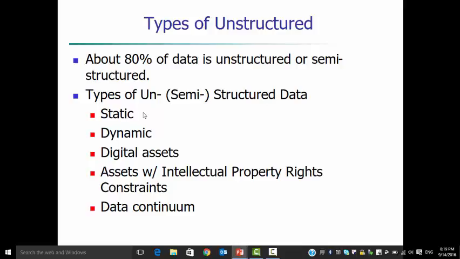Digital assets, almost all the digital assets are unstructured. Assets with intellectual property rights constraints are also unstructured. For example, if you have any music records with your intellectual property right, it's usually unstructured. Books that you wrote are usually unstructured.